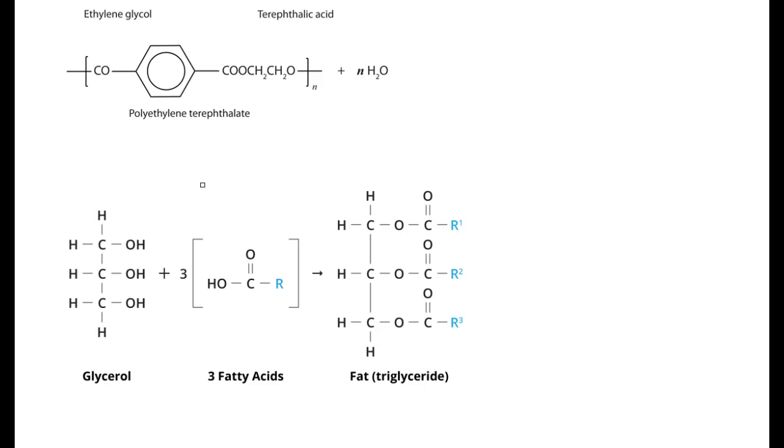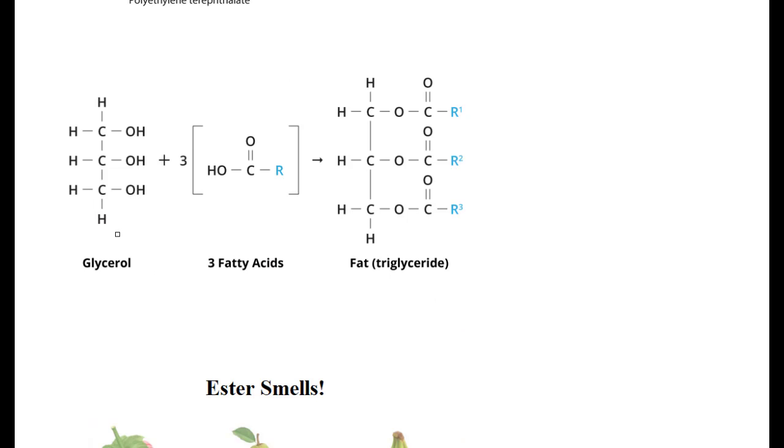In addition, a 3-carbon alcohol like glycerol combines with fatty acid chains, which are long chain carboxylic acids, and they will form a fat or a triglyceride. So the triglycerides you see here have ester bonds that hold them together. So you'll see 3 ester bonds in this triglyceride.